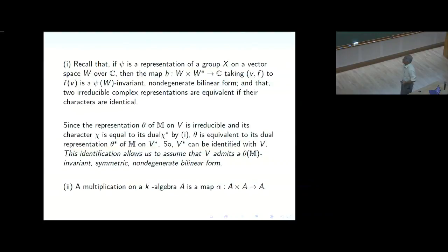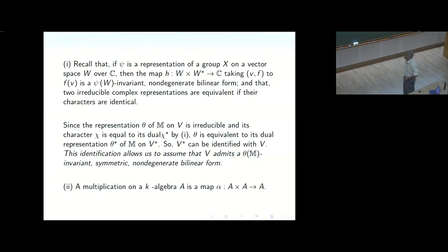So the representation theta of M is irreducible, and its character is equal to its dual by the first observation of Norton. Theta is equivalent to its dual theta star, so V star can be identified with V. This identification allows us to assume that V admits a theta_M invariant symmetric non-degenerate bilinear form.